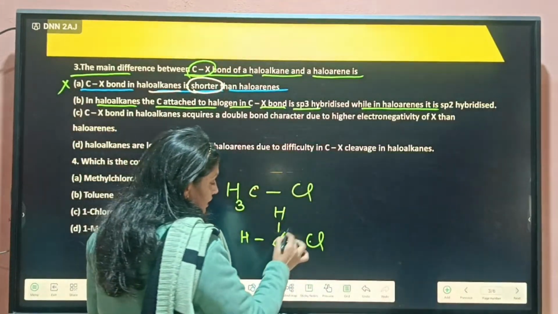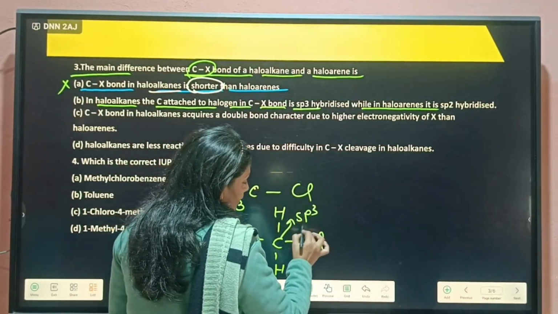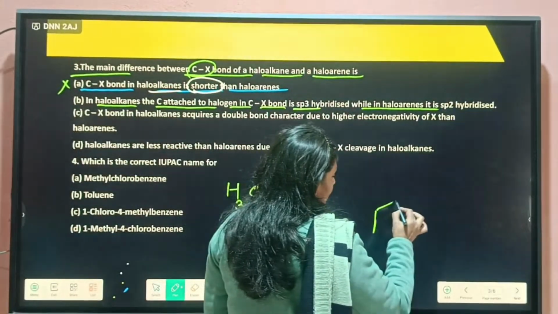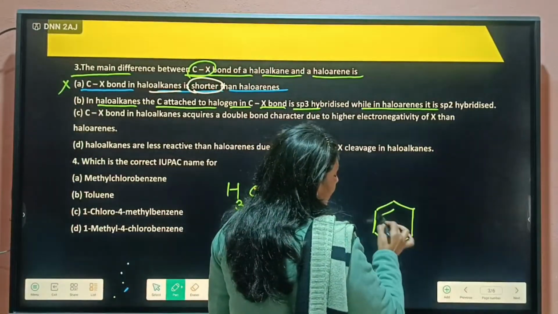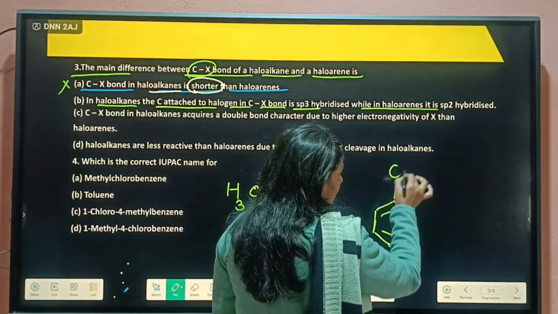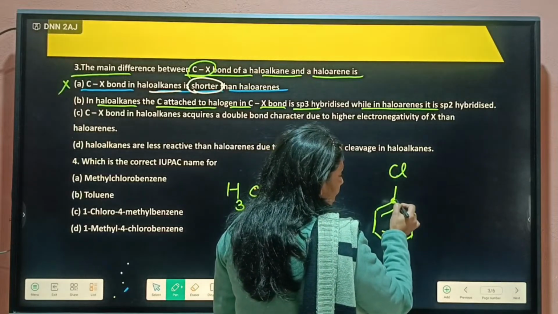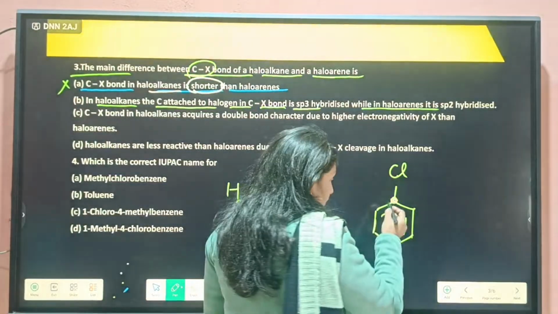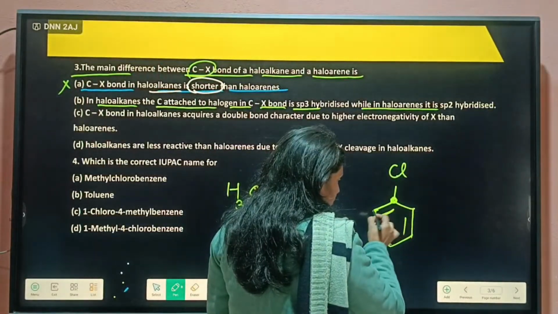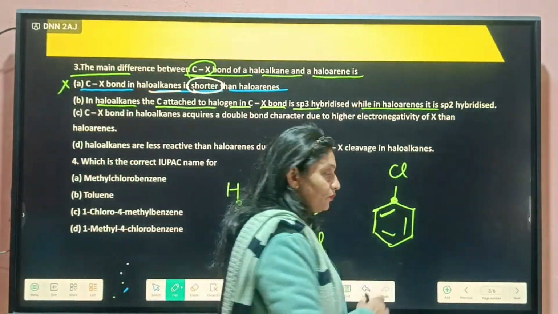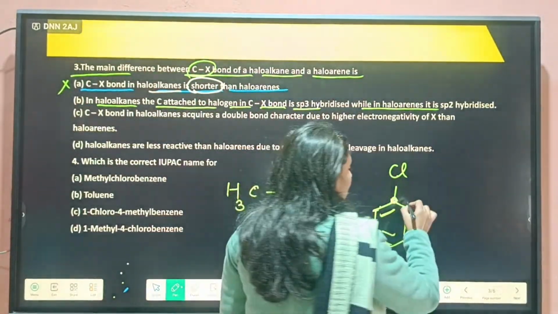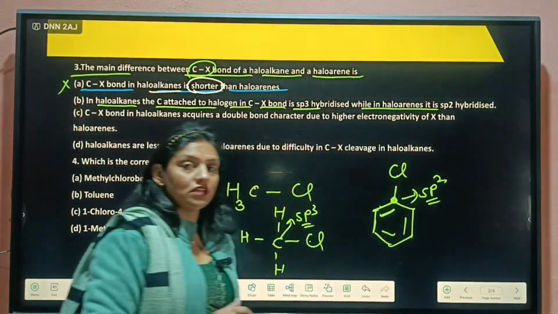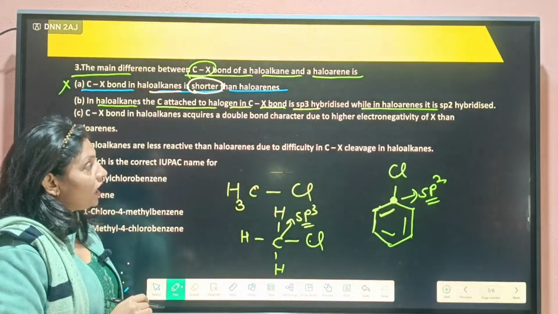Then students, it is an sp3 hybridized carbon. But in case of haloarene, the carbon at which the halogen is attached is a doubly bonded carbon. And if it is doubly bonded, then it is an sp2 hybridized carbon.